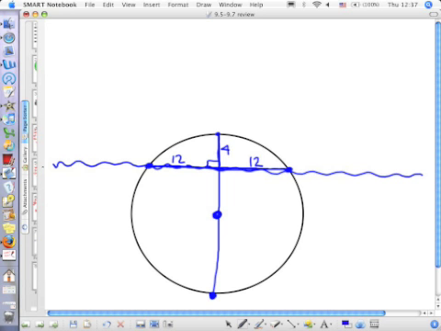So let's find, using the lesson that we used, if two chords cross each other inside of a circle, 4 times x is equal to 12 times 12.